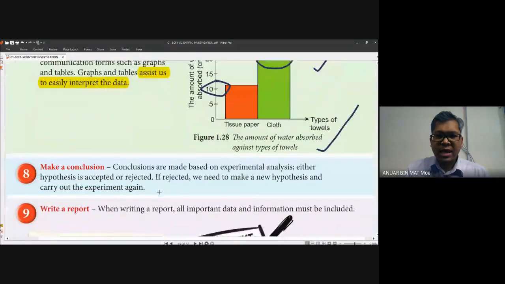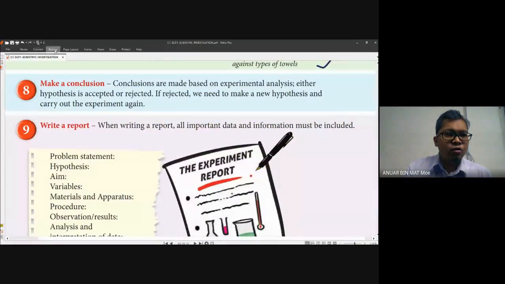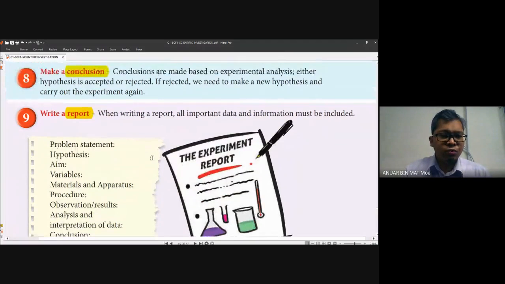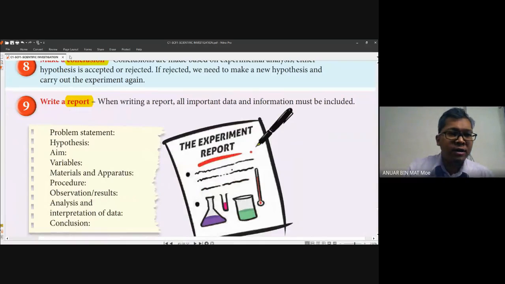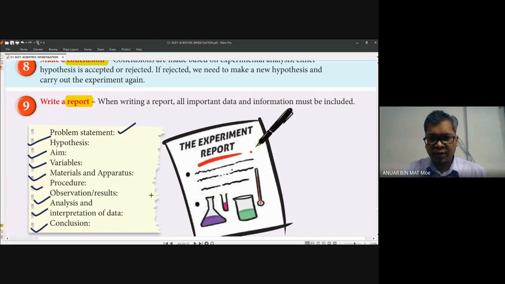All right, and then number 8, you make the conclusion. Based on the data that you obtain, you do the conclusion, and then last one, you write a report. Okay, and then what you need to include in your report: problem statement, hypothesis, aim, variables, material, procedure, observation, analysis, and conclusion.